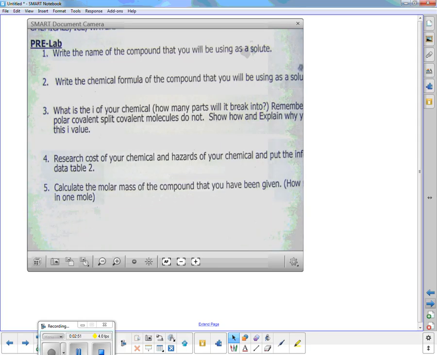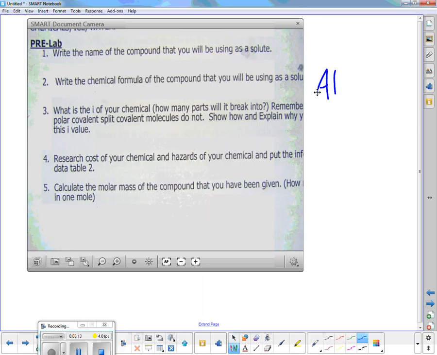So for instance, if I did the Al2O3, it would break into 2 Al ions with 3 oxygen ions for a total i of 5. Does that make sense? If I had, for instance, aluminum sulfate, aluminum's a +3, sulfate is a -2. So let's write it real quick.